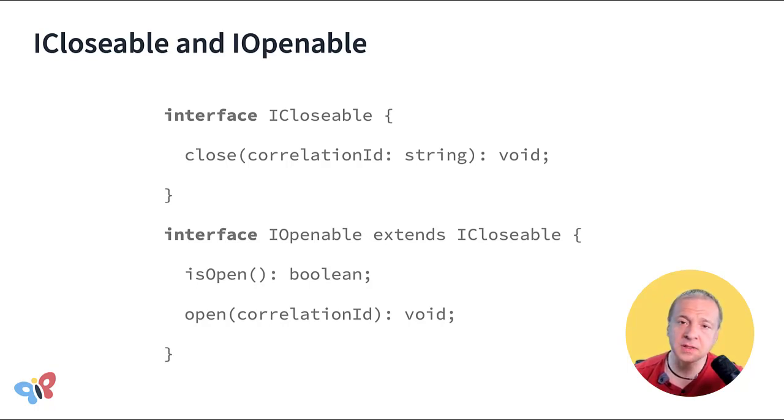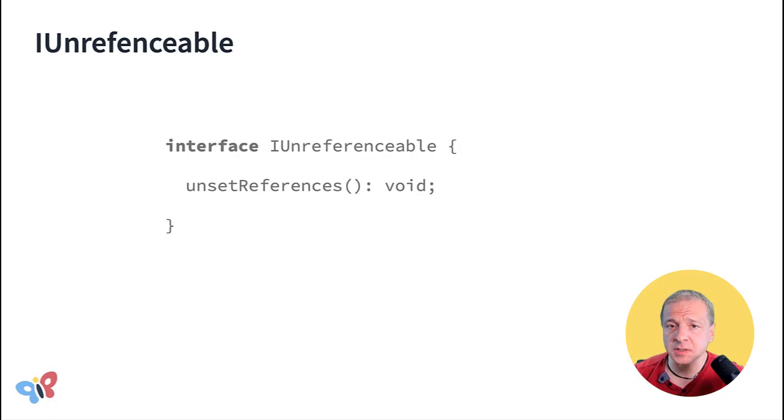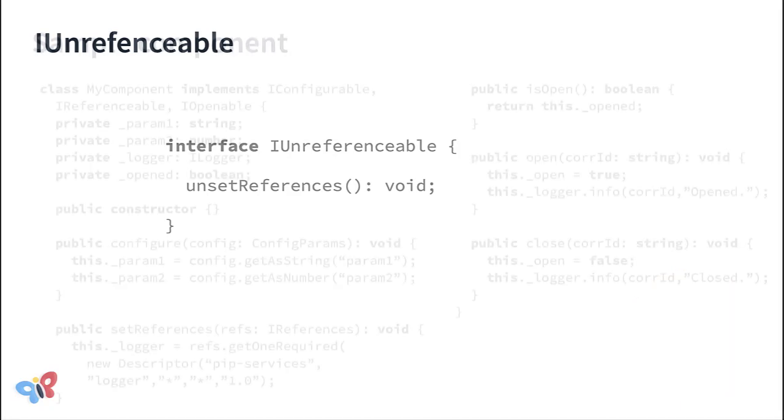For components that should be opened explicitly, there is an openable interface that adds 2 additional methods, is open and open. And there is an IUnreferenceable interface that is called when component should free all the external references. This interface is rarely used, mostly by the components that will be removed from the container during the runtime.